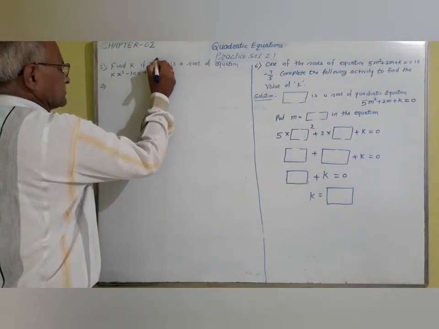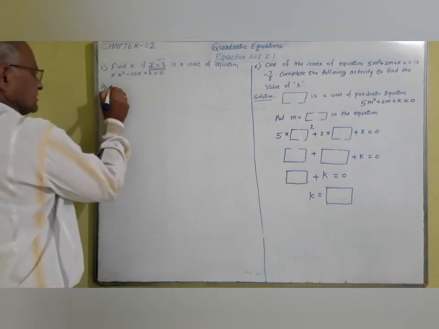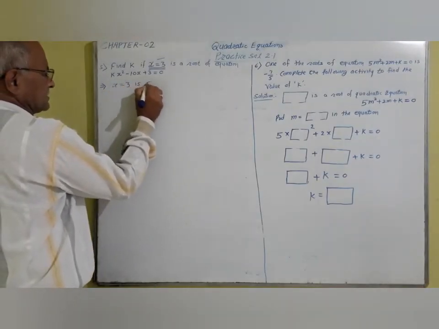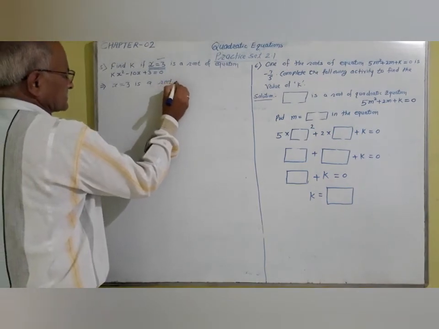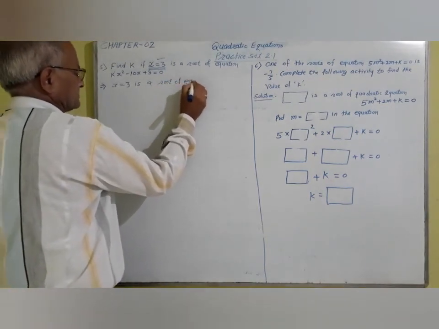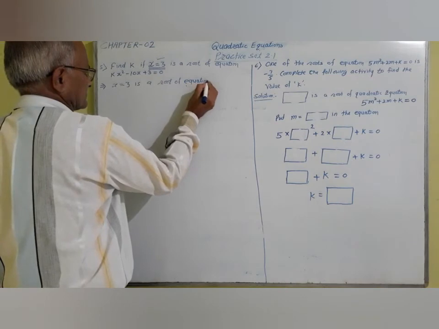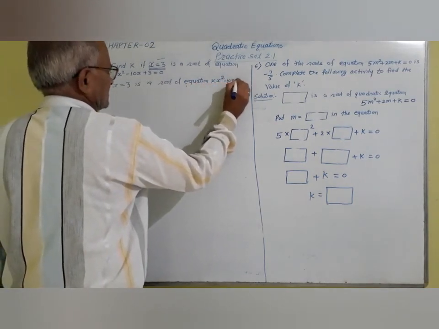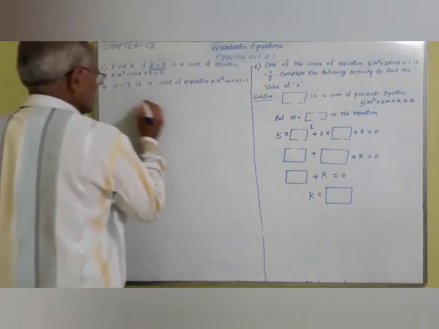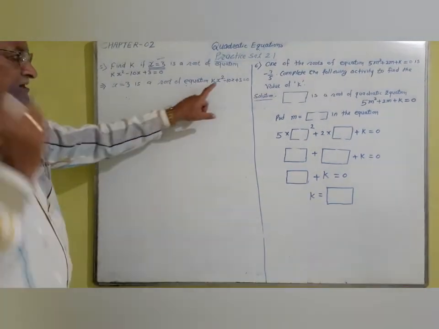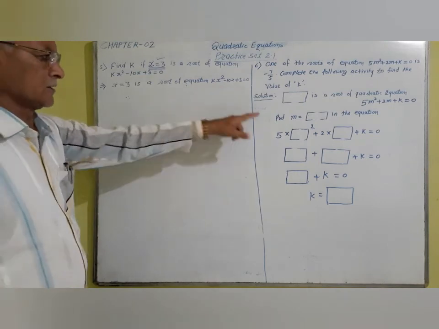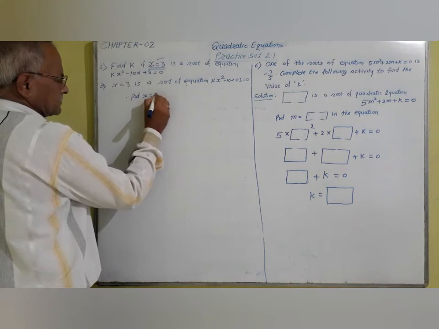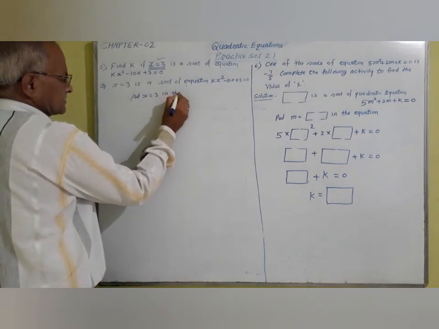Here x is equal to 3 is a root of the equation kx square minus 10x plus 3 is equal to 0. If it is a root, then it satisfies the given equation. Therefore, we substitute, or we say that put x is equal to 3 in the equation.